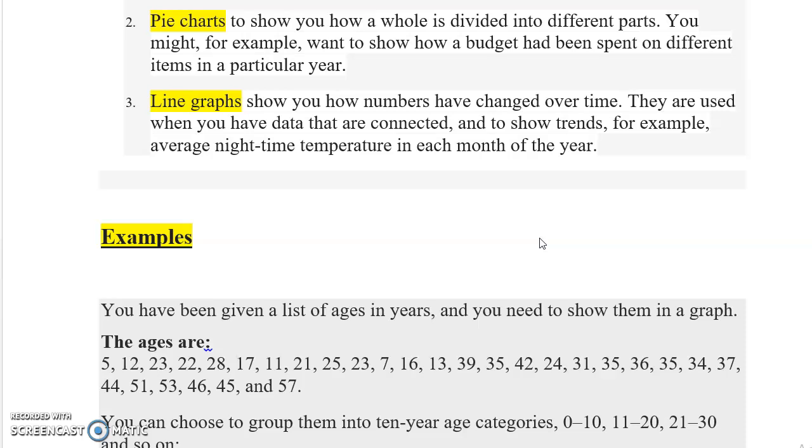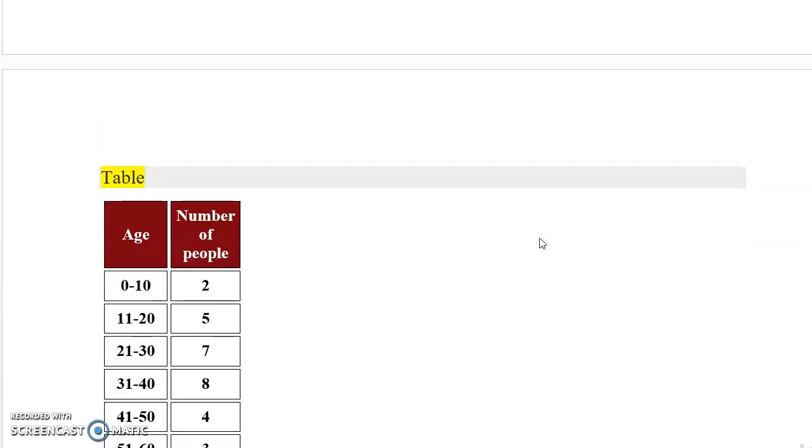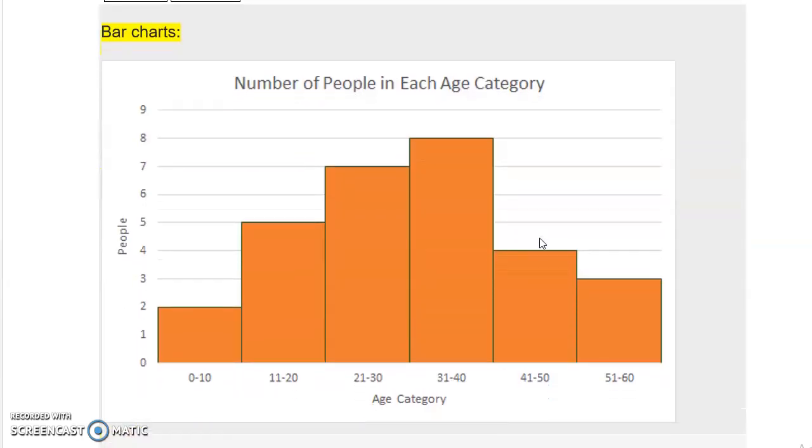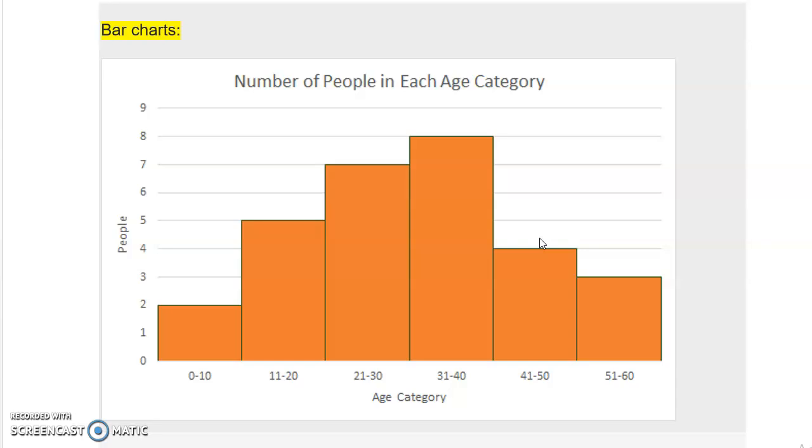Okay, let's go ahead with an example just to see what we have to do. So at the beginning, this is the bar chart. We have to have a title here that is number of people in each age category. Then we have the people.